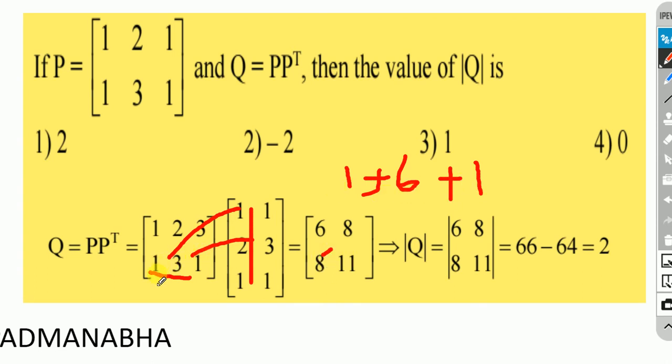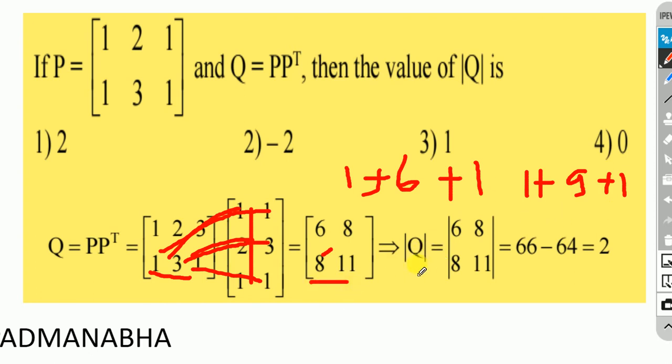And second row into second column, that is 1 into 1 plus 3 into 3 is 9 and 1 into 1 is 1 here, that is 10 plus 1 is 11.